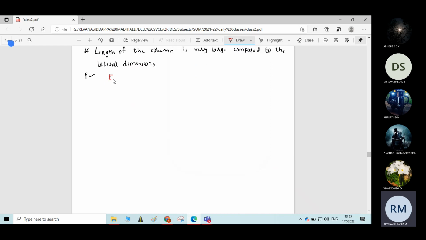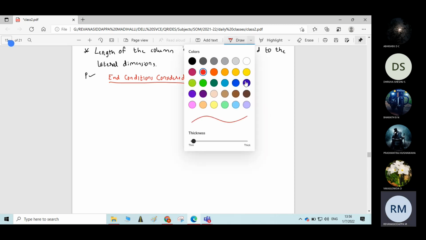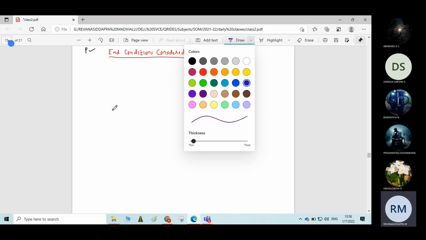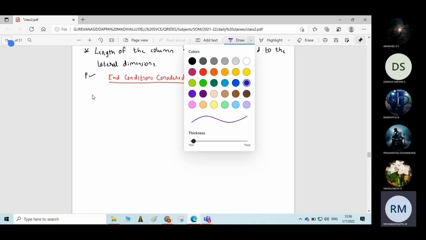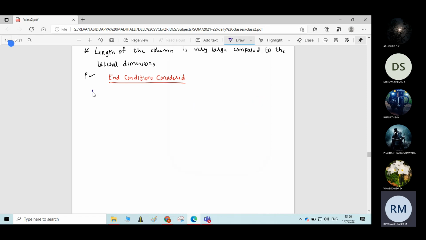Just write the heading as end conditions considered. There are mainly 4 different types of end conditions.